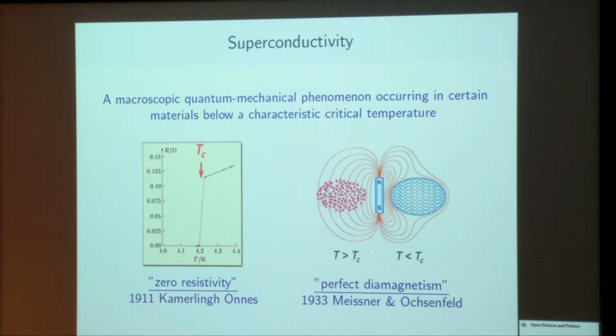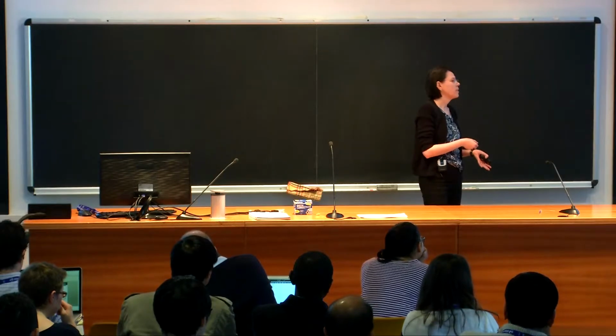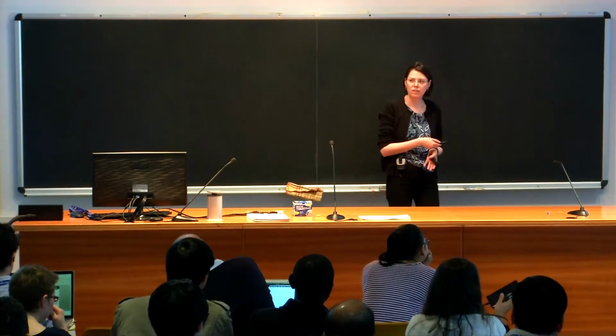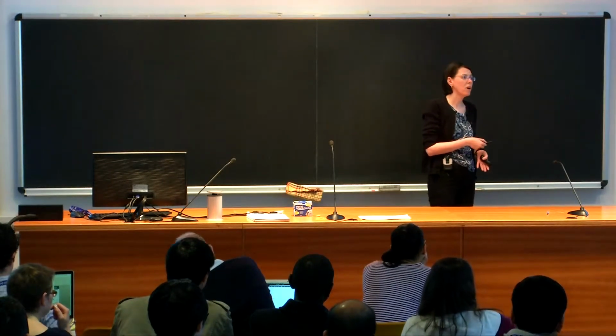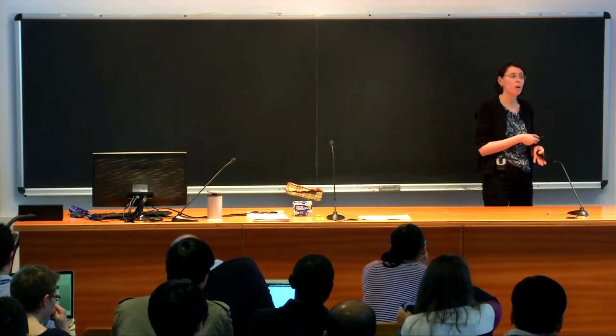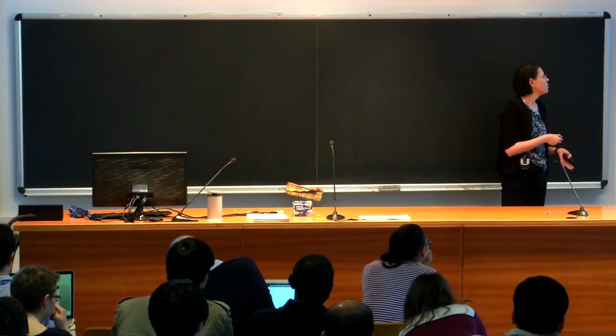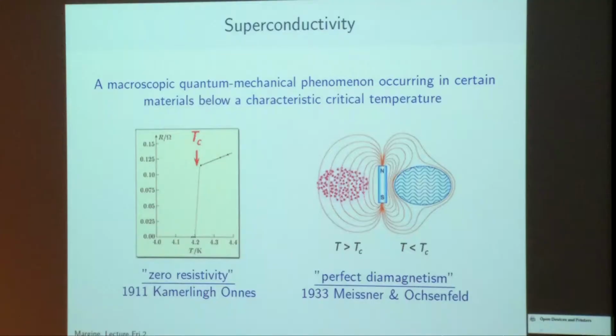Currently, the largest market for superconductors is MRI machines, but for example, the Large Hadron Collider in Europe would not have been possible without superconducting magnets. And also for over a decade now, we have magnetic levitating trains.